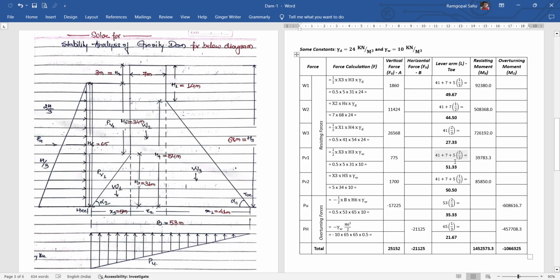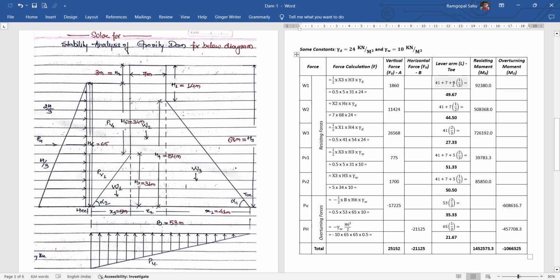Now we have to calculate the moments, the resisting moment as well as the overturning moments. So these are the two columns. Those forces that have the nature of resisting will go in the resisting moment column, and those forces that have the overturning characteristic will move to the overturning moment column.